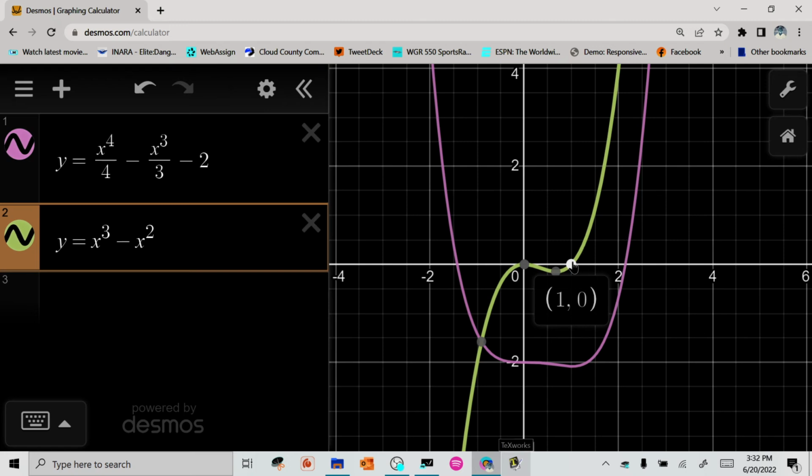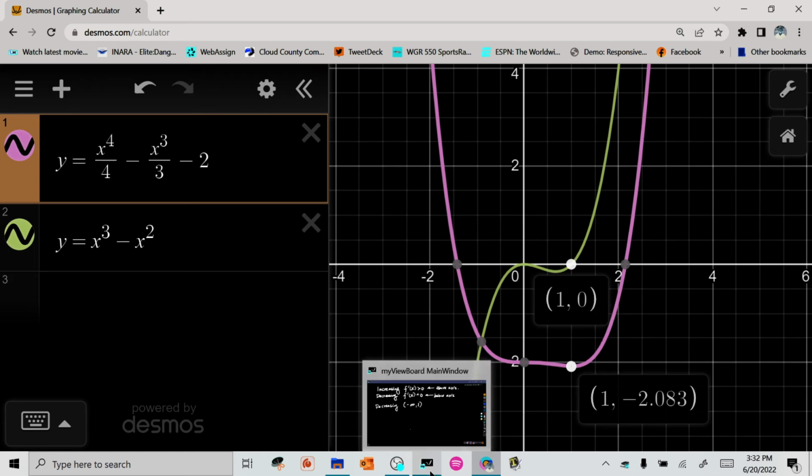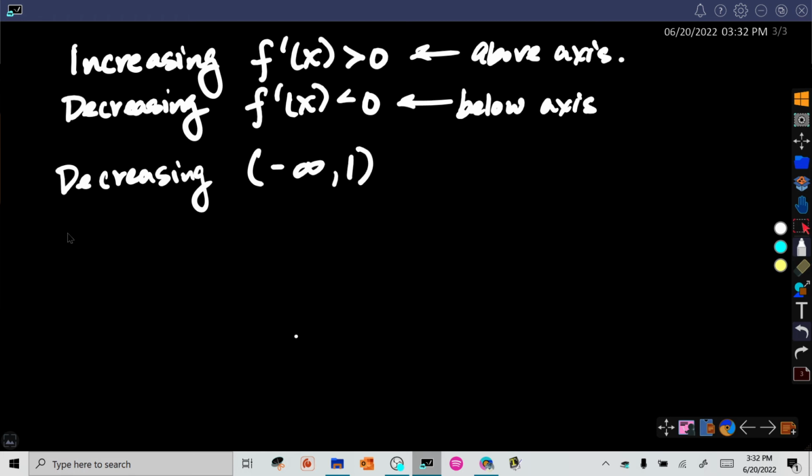So above that, it's above the axis, therefore you can kind of see where the minimum is right here. Everything to the right of this, the slope of all those tangent lines is going to be positive. So that's where it is going to be increasing, from 1 to positive infinity, okay?